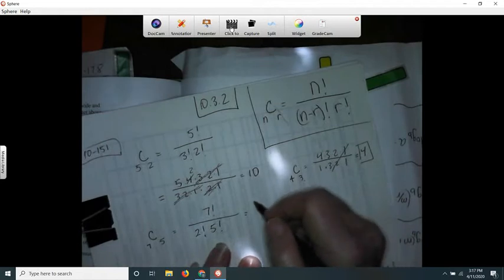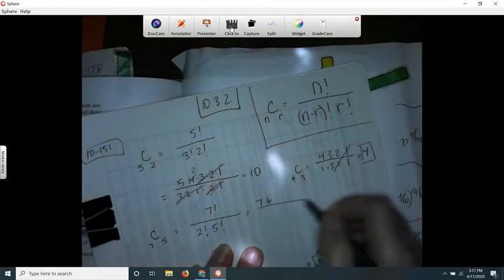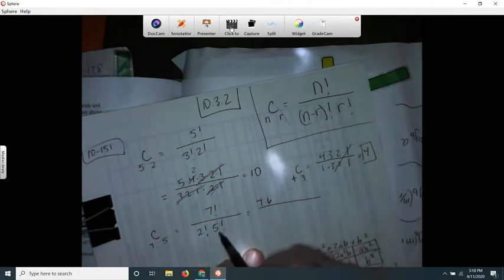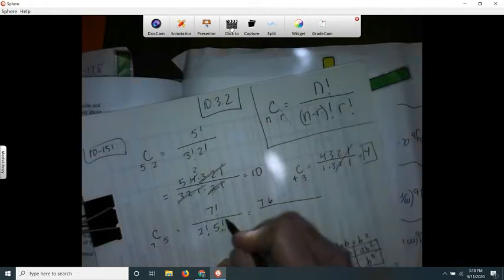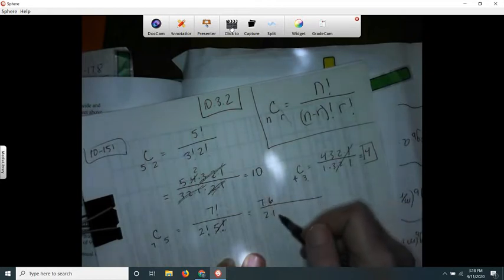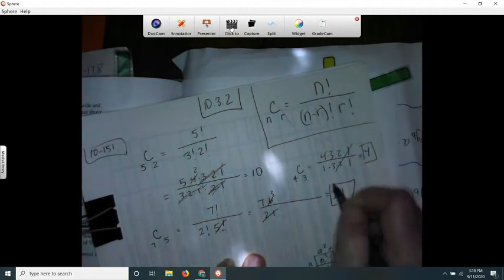I could write times 5 times 4 times 3 times 2 times 1, but that's going to cancel out with this 5 times 4 times 3 times 2 times 1, so I'm just not going to write it. And this is 2 times 1, so 2 times 1 is 2. That cancels with the 6, and I get 21. You can put these in your calculator if you're not comfortable with fraction math. So that is how I can get the numbers to fill out this table.